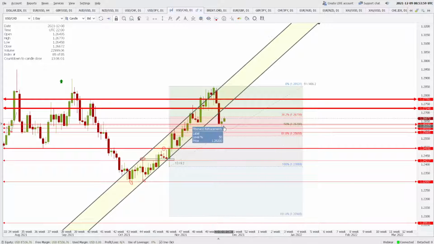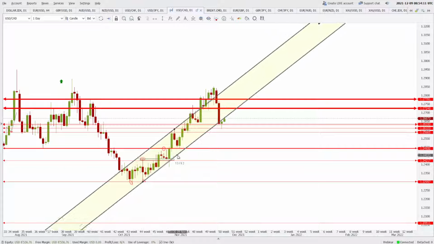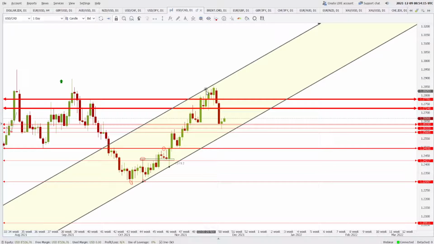All right, this area here, 1.2724, may be offering some resistance to the price, because see, this rising channel has been broken. But if we shift this channel from here and include this support here, then the channel is not broken but just broadened. So you want to keep this channel like this. Now I think this is a better version of the channel that we have drawn.